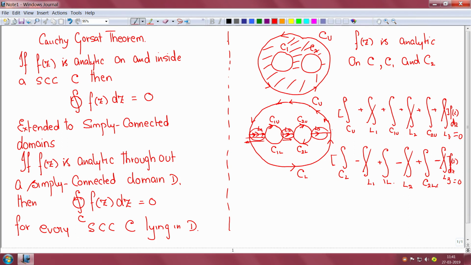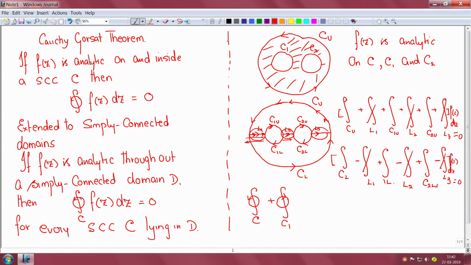I am left with C upper and C lower, which forms a counterclockwise contour, so that makes it the integral counterclockwise over C. Then I have C1 upper and C1 lower, which is plus integral clockwise over C1.